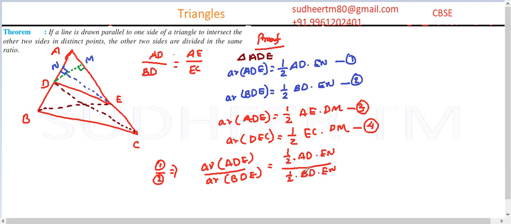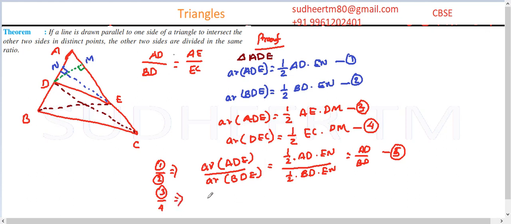Okay, EN cancel, half cancel, simplified to AD divided by BD. AD divided by BD means that's the left two parts of the triangle, AD and BD. Equation number 5.